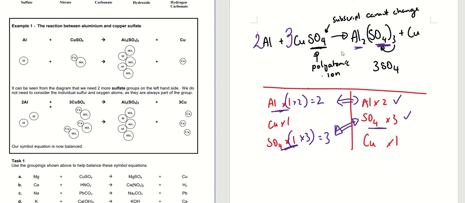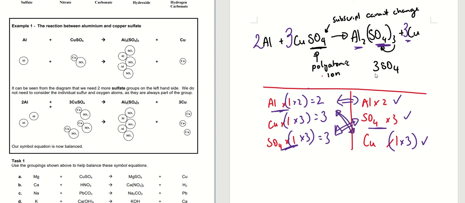The last one I have is the copper. Now, because I put a 3 in front of copper sulfate, copper also has 3 atoms now, which means that this copper here must also have 3 in total to balance out the equation. Now that is settled there.